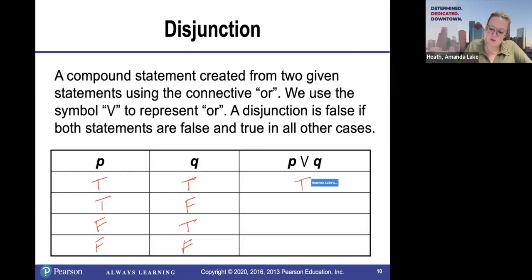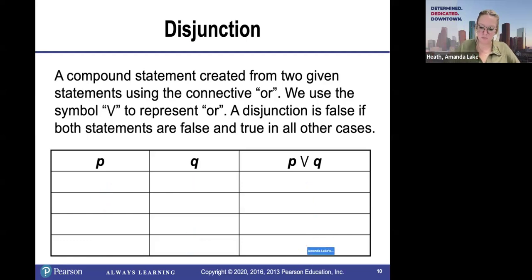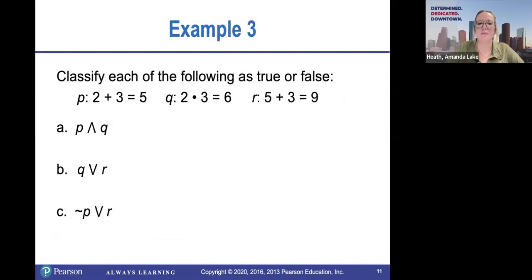P or Q will be true when P is true and Q is false, because P is true, so the or statement's true. It's also true when Q is true but P is false, because P or Q is true. And it's false in the case that they are both false. We have that typed out here.